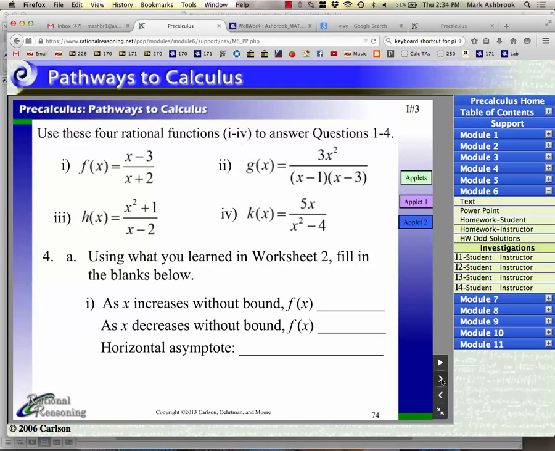Okay, so I think, is that 4? Okay, so they talk about horizontal asymptote, we're not going to talk about that. We frame this in terms of the effective leading term.